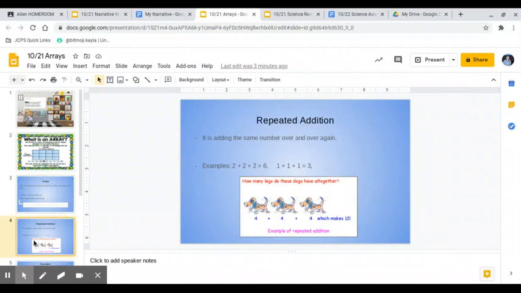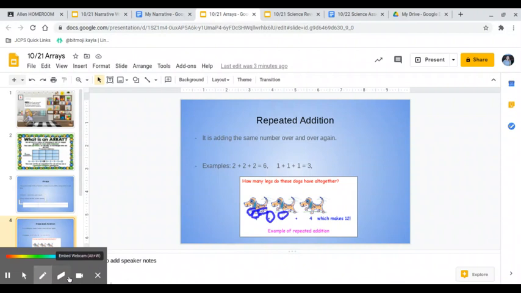Remember, repeated addition is just adding the same number over and over again. So I like to use this picture because it shows there are 3 dogs and each dog has 4 legs. So we do 4 plus 4 plus 4, instead of doing 1, 2, 3, 4, 5.